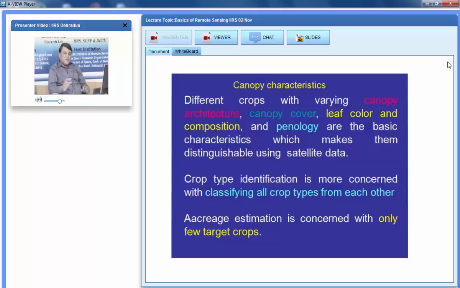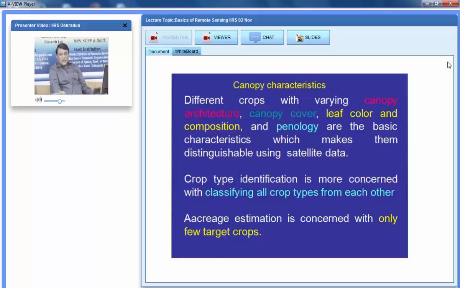There are different kinds of crop canopy characteristics which influence the spectral signature. Different crops have different canopy architecture, canopy cover, leaf color and composition, and phenology. Here phenology means the different phenological stages, and these are the basic characteristics which make crops distinguishable using satellite data.